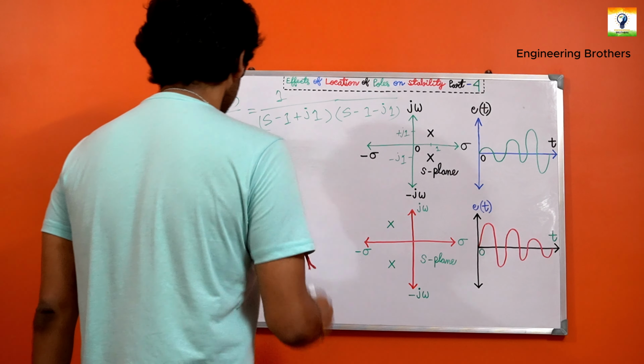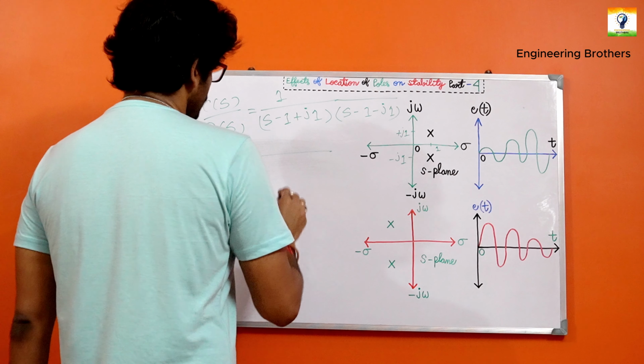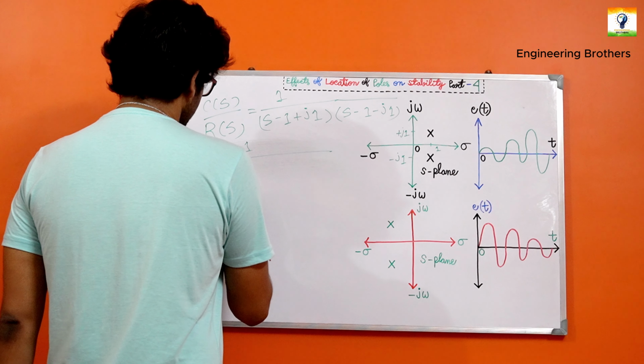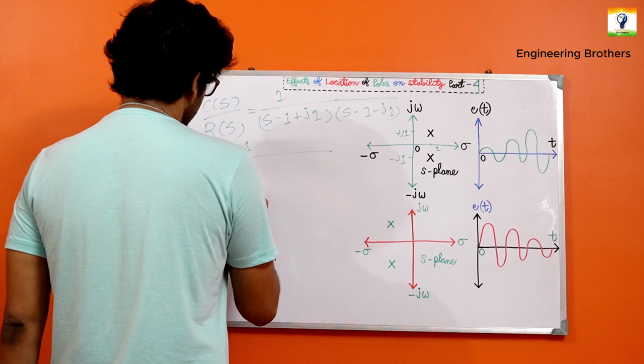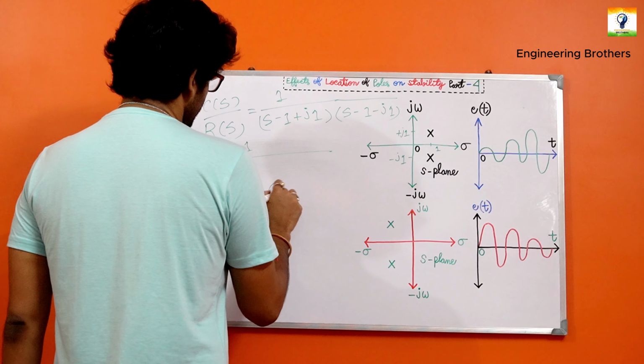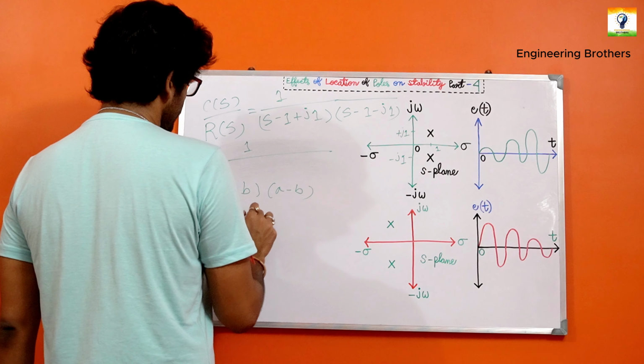Now by solving our given equation, what we have got is once again the form of A plus B and A minus B, and the formulation will be s squared minus B squared.